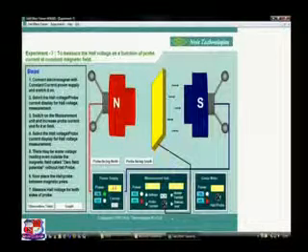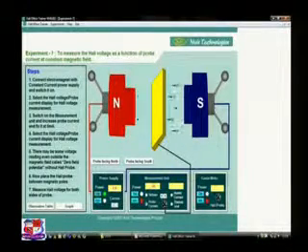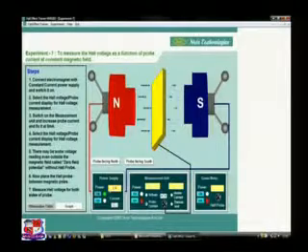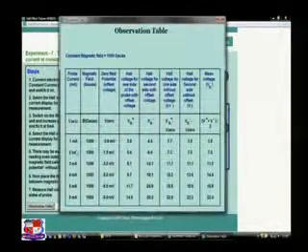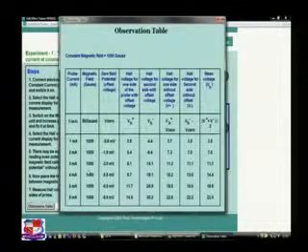So we can change the probe current and find out the Hall voltage. We will have an observation table in which the probe current changes, the magnetic field is constant throughout, and we can find out the same zero field potential, VH plus, VH minus, and at the end the mean voltage.